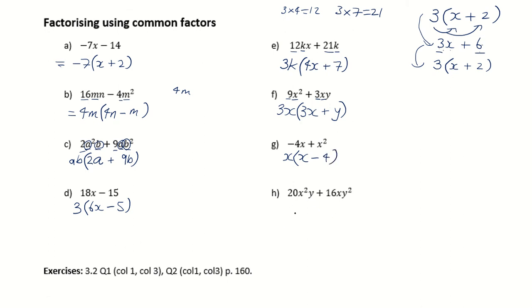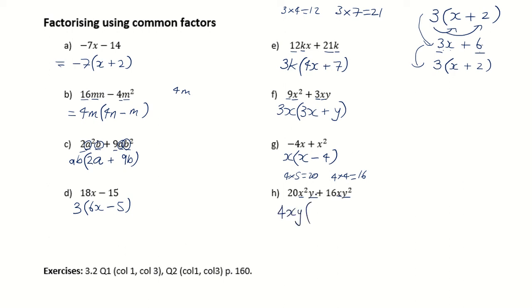Now the final one, what do they have in common? 20 and 16, what do they have in common? They have 4s in common. 4 times 5 gives us 20, and 4 times 4 gives us 16. They also have an x in common, and they also have a y in common. So our highest common factor out the front would be 4xy.